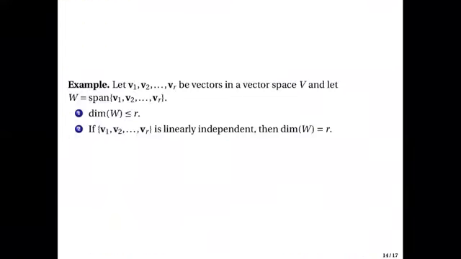So that's the reason why we still have the less than symbol here. Because there's a possibility that one of the vectors in this set is a linear combination of the other vectors.